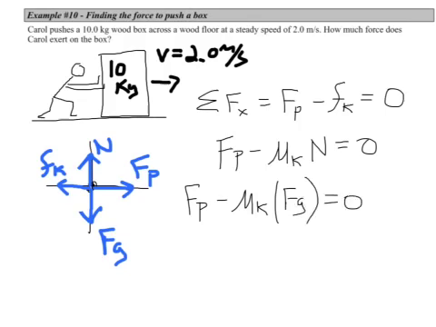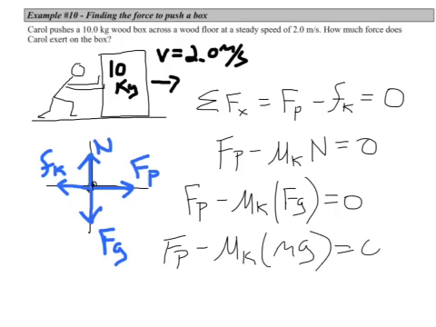Well, we learned previously that we have an expression for weight that we need to look at too. So now we've got the force of our push equals our coefficient of kinetic friction times mg here. So this now gives us our full expression for what's happening in that x direction.